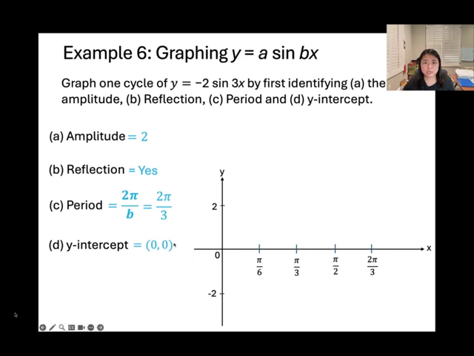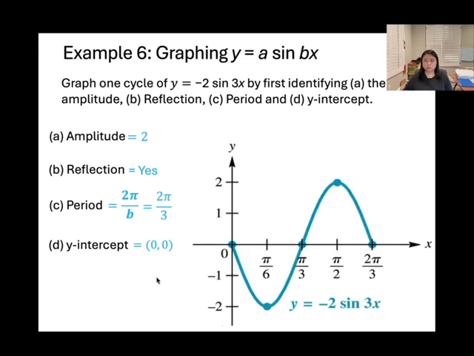So y-intercept starting from 0, 0. Okay, and then we have the reflection, so we are not going up. We're going to be going down. Okay, draw the lines together. Write down the name.